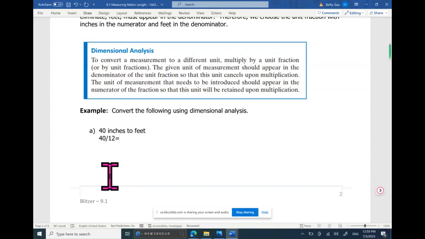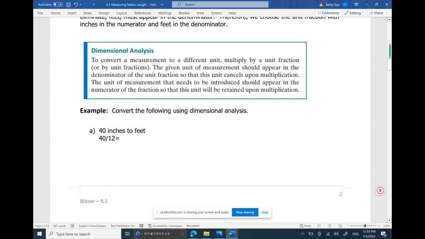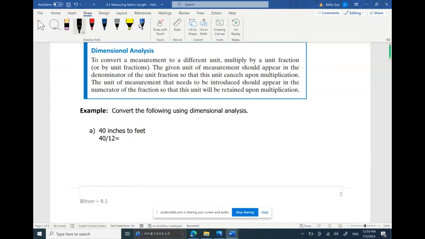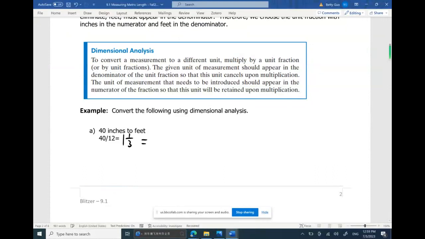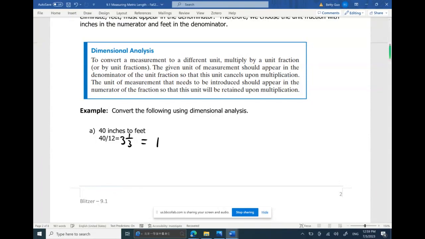Or I can convert that to a fraction, 3 and 1/3. Or 3.33 repeating.